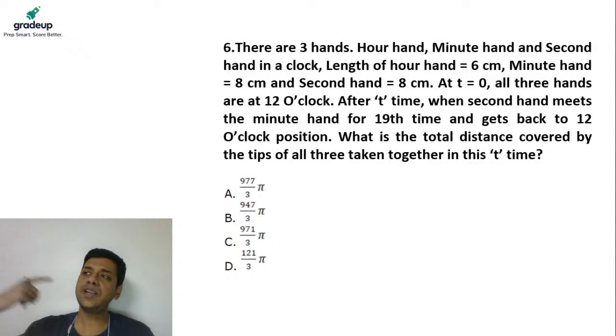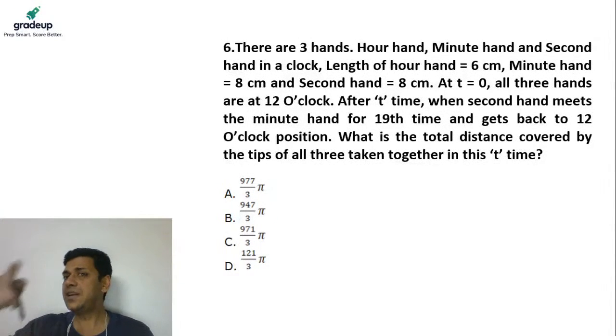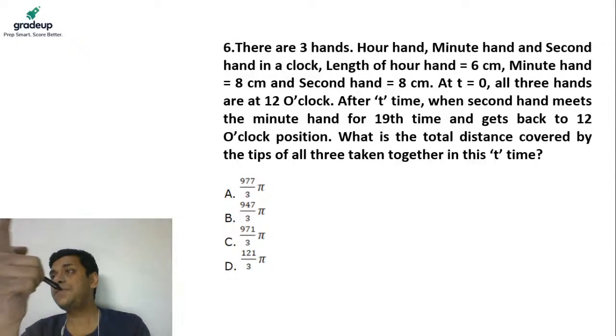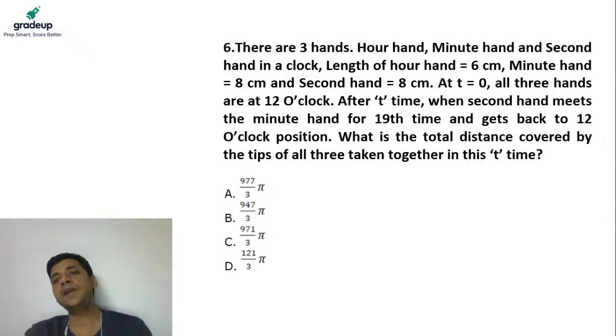So after overtaking it for the 19th time, it will come back to the 12th position. When it comes back to the 12th position after meeting for the 19th time, by that time how much distance the tip of hours hand, minutes hand and second hand has traveled.